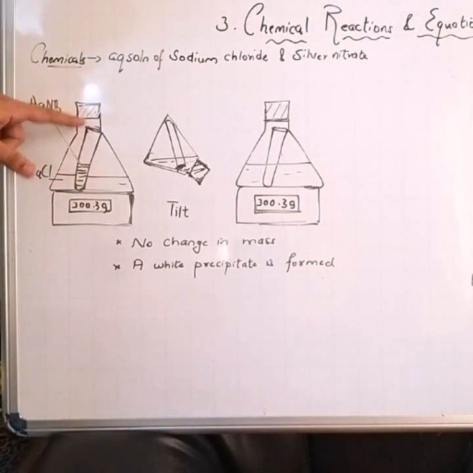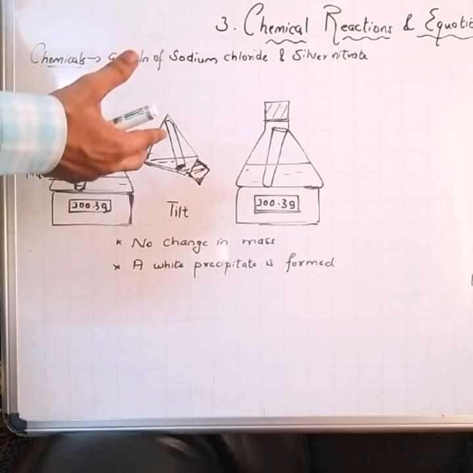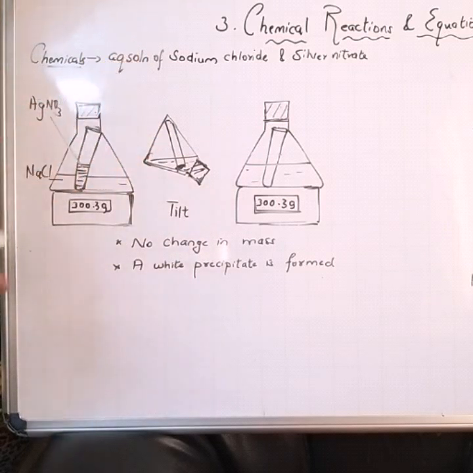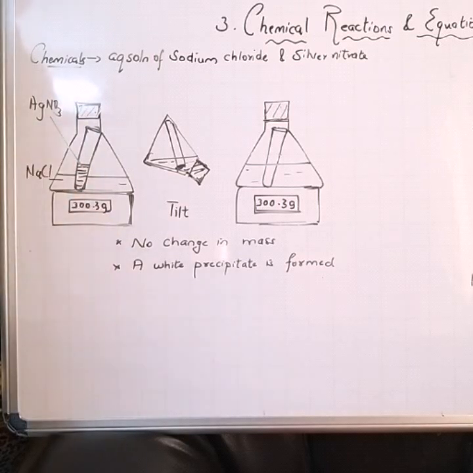And this conical flask is fitted with a cork so that the chemical will not spill out when it is turned or tilted. Now, before the chemical reaction starts, I'll keep this on a digital weighing balance, and I will measure the weight. The mass of this comes out to be 300.3 grams.